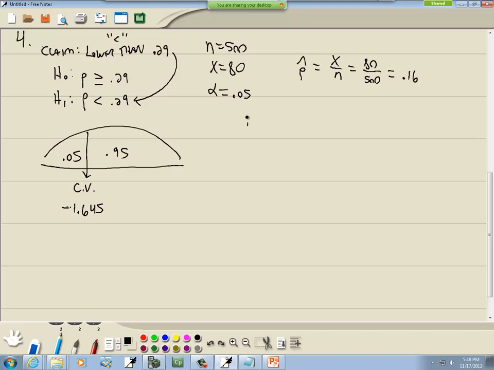Okay, so then our test statistic. We've got z naught, which is equal to p hat minus p naught over the square root of p naught times 1 minus p naught divided by n.